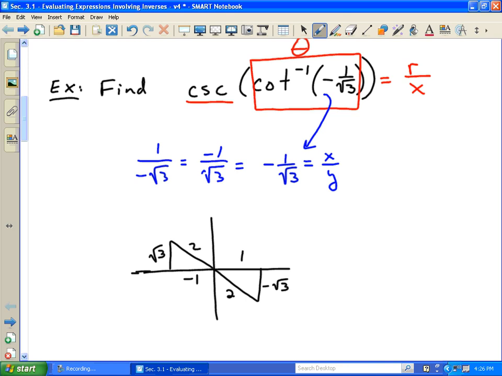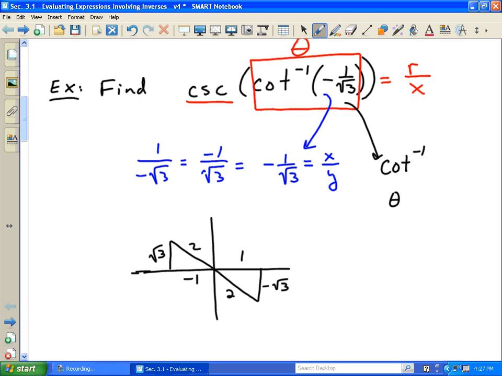The other side is still 2. Okay, it's a special angle. Now, what I have to consider is that for this particular function, I'm talking about the inverse of cotangent on the inside, right here. And so for cotangent inverse, what were the restrictions on my angles?